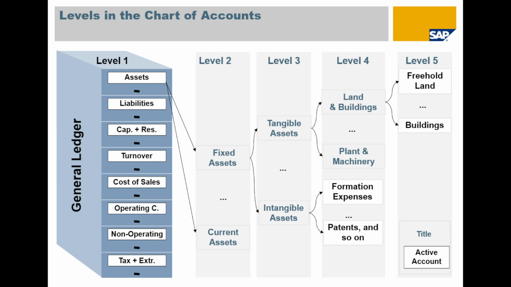For example, we have petty cash. The petty cash is a level 5 account, under levels 1 to 4, which are just title accounts. So the petty cash account is an active account and it will contain the money, or the record of the money, of that account.